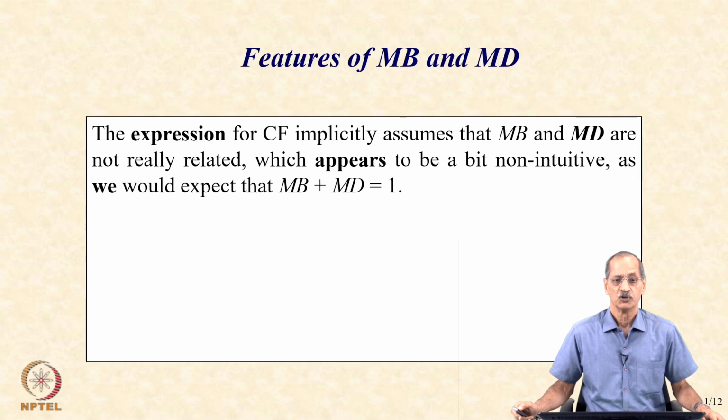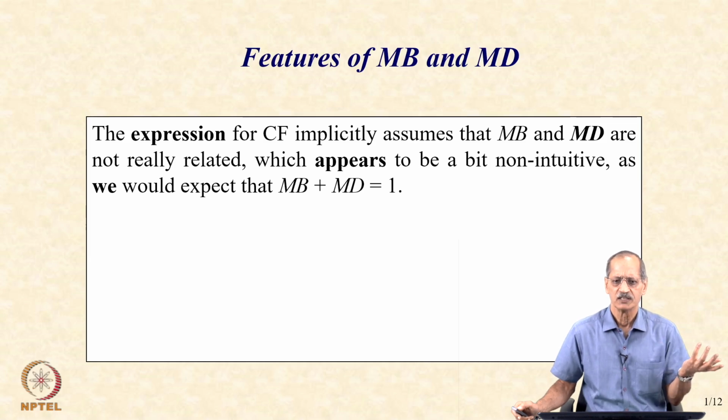So, we come to the conclusion that MB plus MD should be equal to 1, which means in case of any hypothesis and an evidence which is, let us say, unrelated, the sum of the belief and the disbelief should total up to 1, because they are lying in the interval. So, what it is essentially trying to say is that your belief and disbelief have to be complementary to each other.